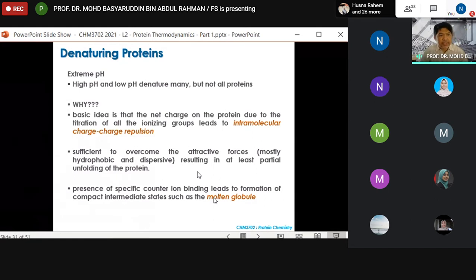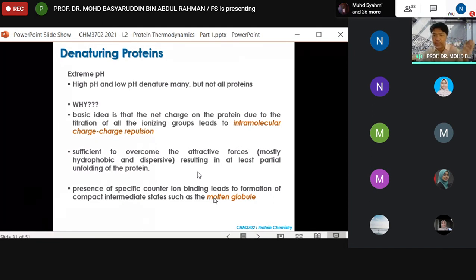The basic idea is to make sure that the net charge on the protein is due to the titration. So when you use the titration in the DSC, it will start to record the changes, which is sufficient because you need only very little to overcome the attractive forces.